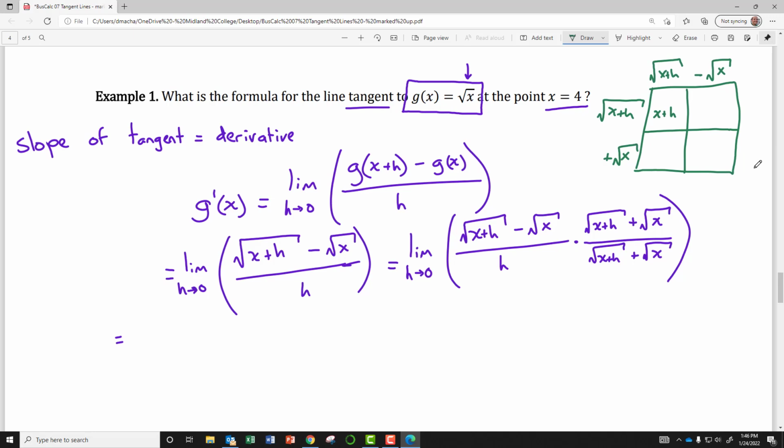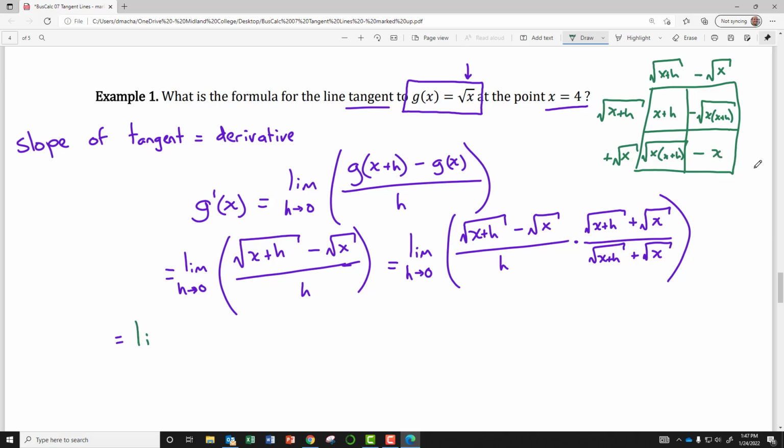So the square roots will cancel when I multiply those. Over here, I'm going to have negative square root of x times x plus h. Over here, I'm going to have positive square root of x times x plus h. And then over here on this fourth box in the bottom right corner, I'm going to get negative x.